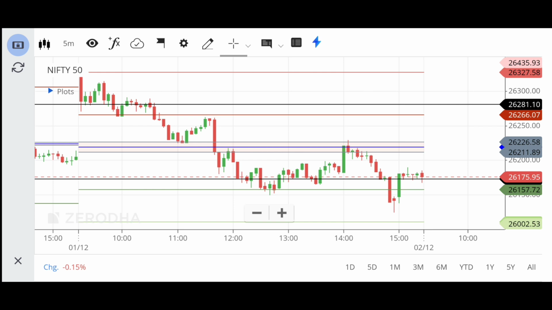From morning to almost 12 o'clock, it's downtrend, and then after 12, it moved sideways. It opened in gap up almost 120 points up, then followed the downtrend. Then after 12 noon, it goes sideways. So it's a kind of a bearish market today.